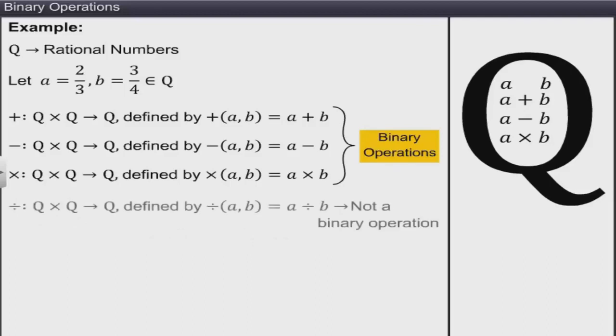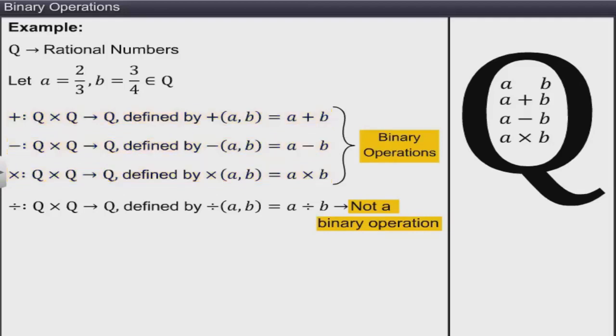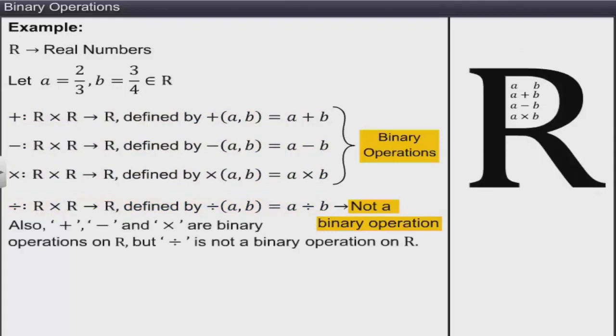It means that division from Q cross Q to Q is not a function, and hence not a binary operation. Therefore, we can conclude that addition, subtraction and multiplication are binary operations on Q, but division is not a binary operation on Q. This result can be extended to the set of real numbers R. Also, do check it out.